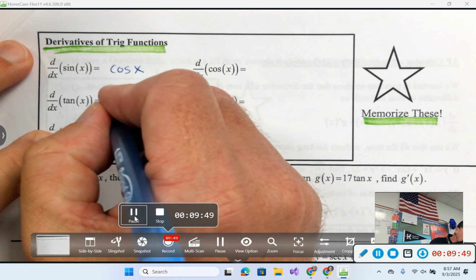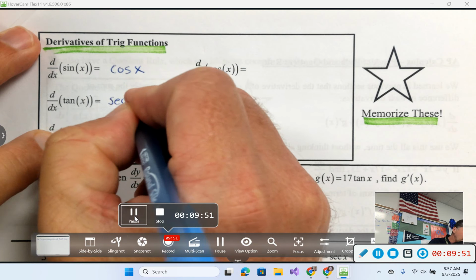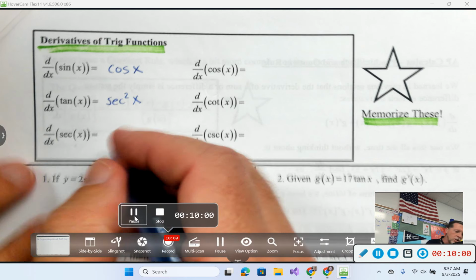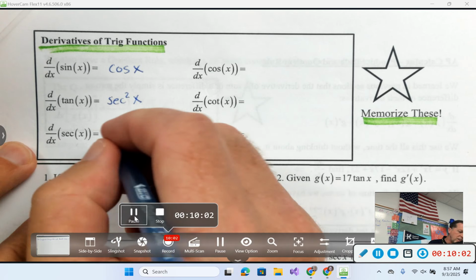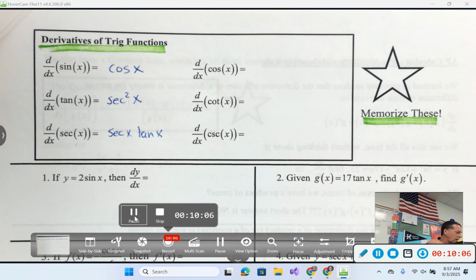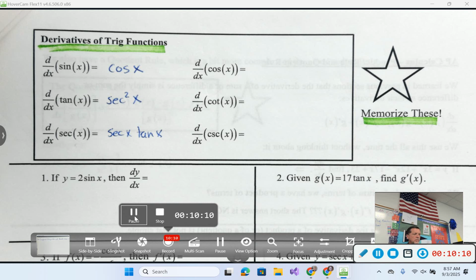Derivative of tangent is secant squared. That's kind of weird. That one you actually can derive, but it's too long to worry about. Derivative of secant is secant x tangent x.